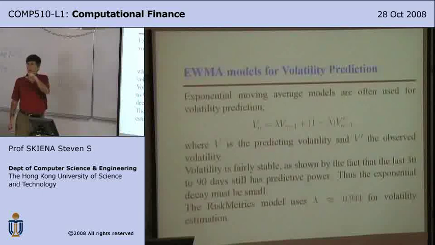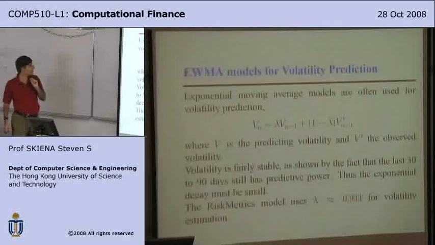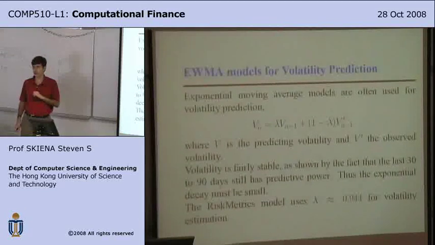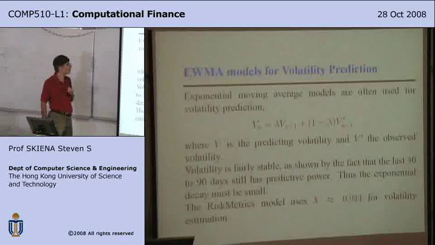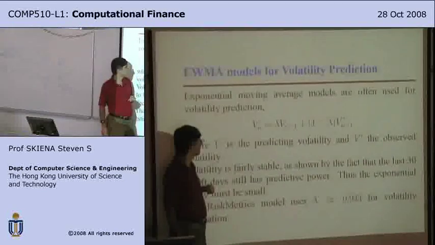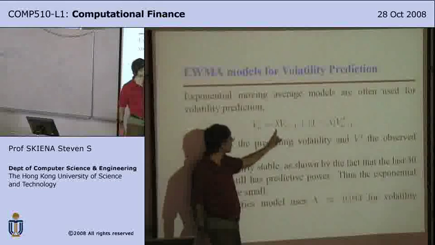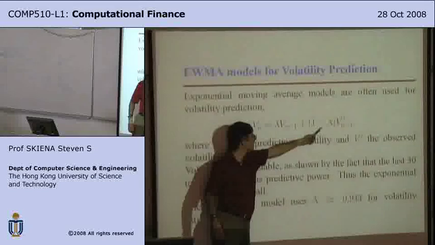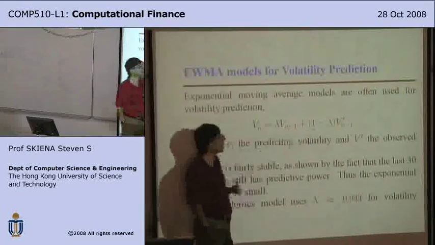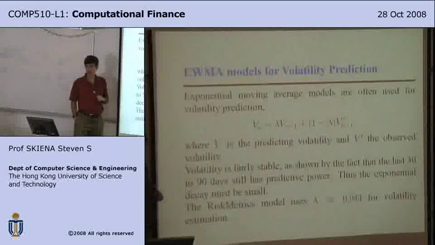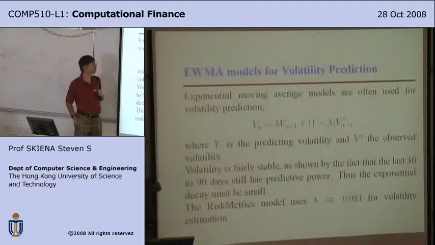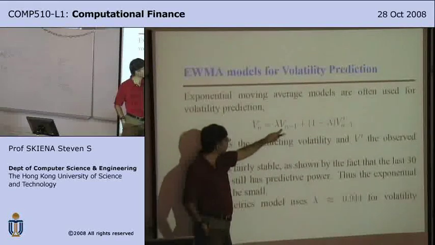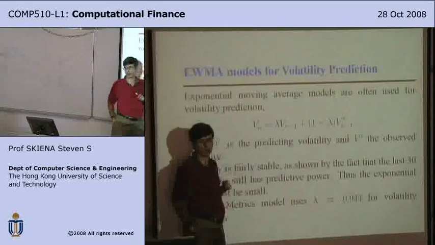Any questions? The basic idea of an exponentially weighted moving average model is that it is a smoothing technique. That's probably the easier way to think about it. Maybe this is what I messed up last time. We said that today's prediction is going to be some multiple of yesterday's prediction plus 1 minus that weight times yesterday's observation. So we're going to update our estimate as a function of what our estimate was in the past, plus our observations.